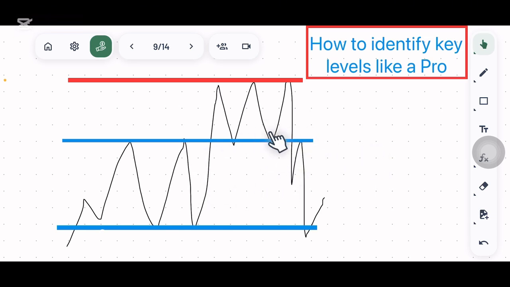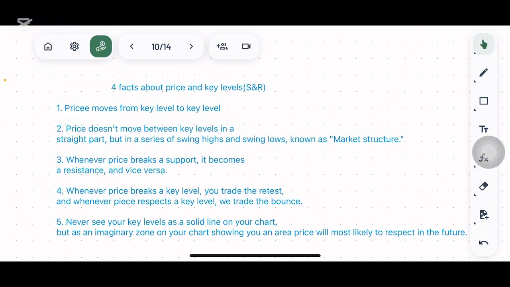Now, before we go ahead to learn this, I want you to know these four facts about price and key levels, support and resistance. When I talk about key levels, I'm talking about support and resistance. Number 1, know that price moves from key level to key level.